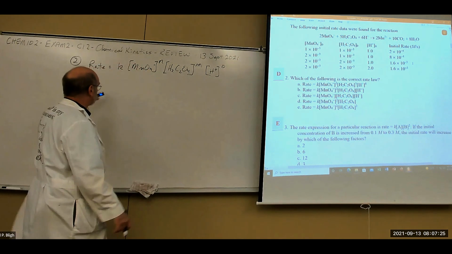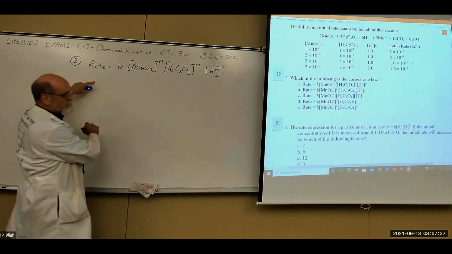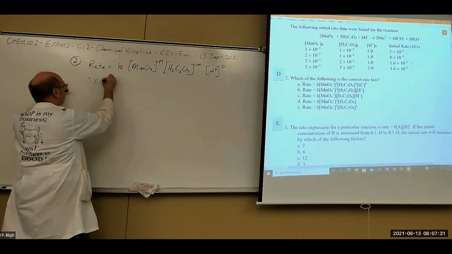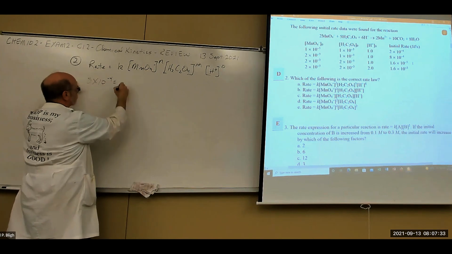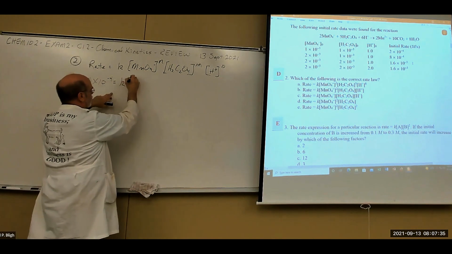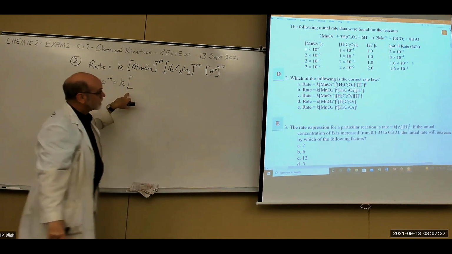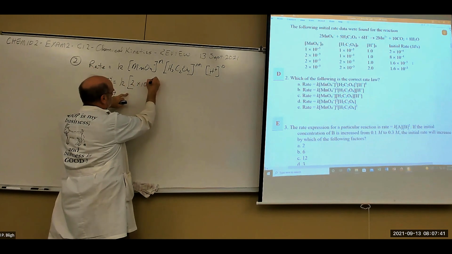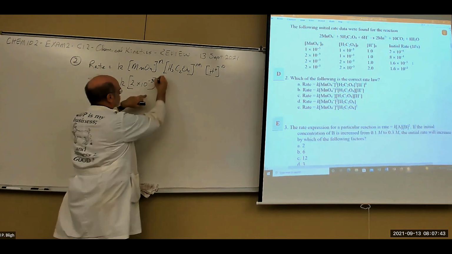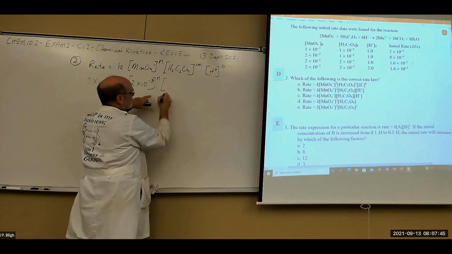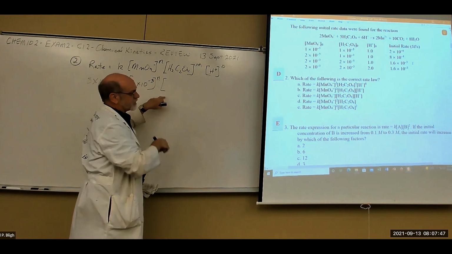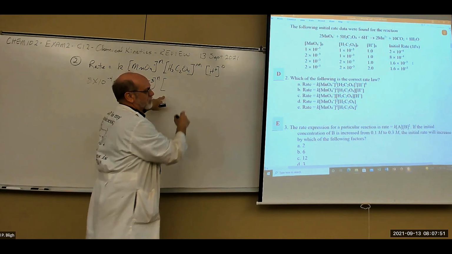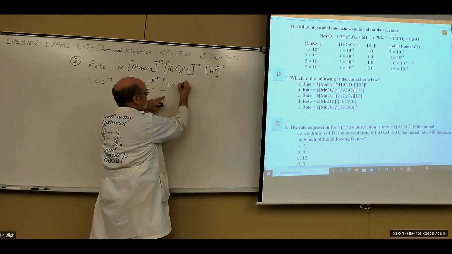The second one would give you, the rate is 8 times 10 to the minus 4 is equal to K times 2 times 10 to the minus 3, to the n power. And this one, I'm going to write these in for the first try, and for the rest of them we probably won't need to. 1 times 10 to the minus 3.